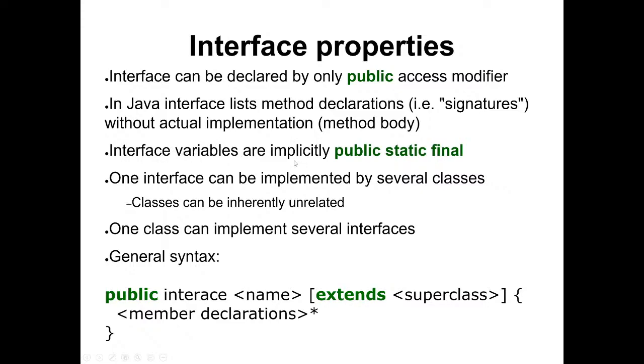Interface variables are implicitly public static final, because you don't have a class to implement them, so that's why they are declared as public static final.